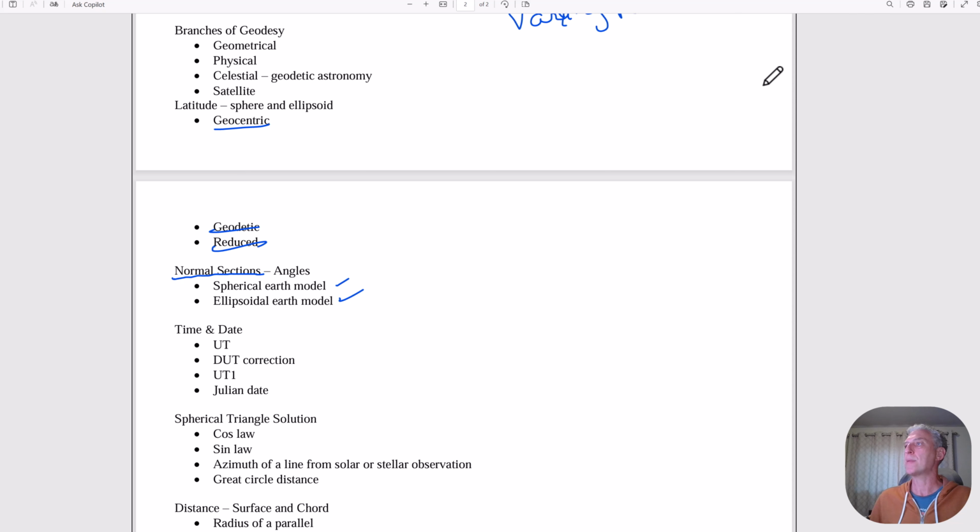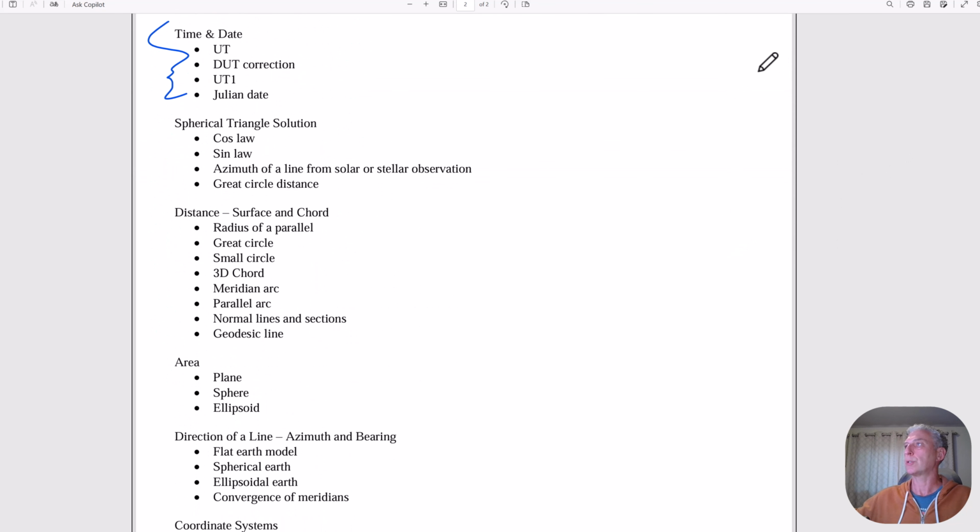Time and dates, that's pretty easy. Know those definitions. Spherical triangle solution. Great tools, great tools. Know how to work with these and when to use which in which kinds of situations. How to calculate using those sines and cosine laws to calculate the azimuth of a line.